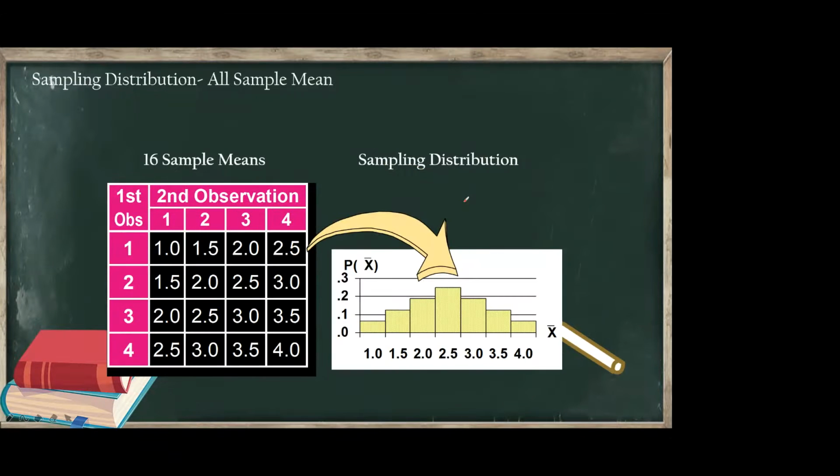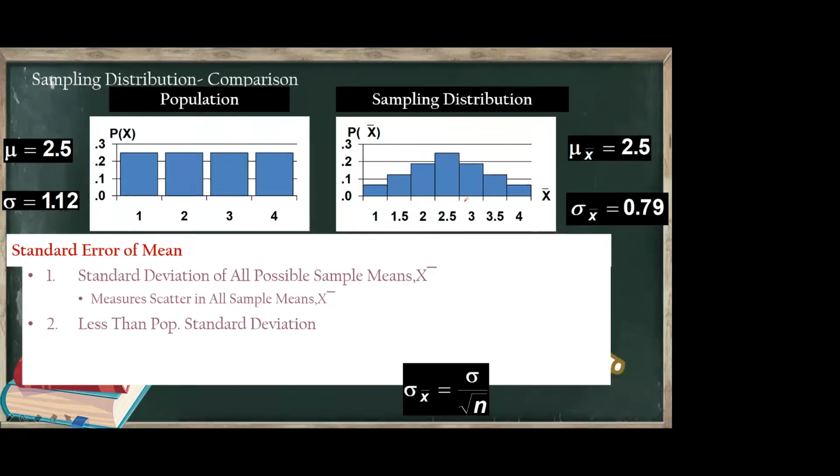Before, the population distribution was uniform, and then we got the sampling distribution as a symmetrical distribution. This is called normal distribution, if you recall it from the last lesson.